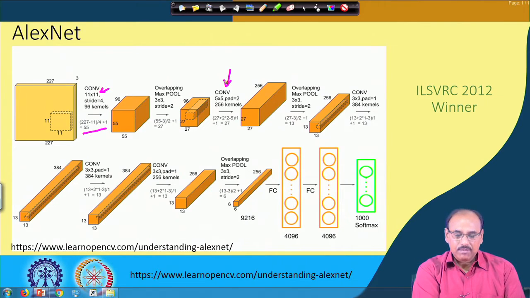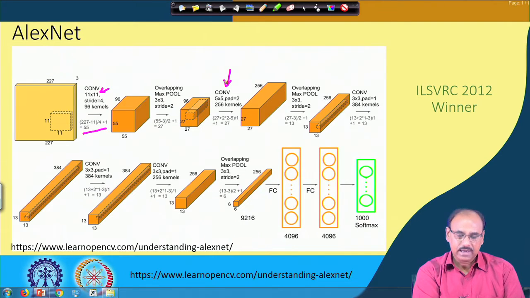After this, you have 3 consecutive convolution layers. The first convolution layer has a kernel size of 3 by 3 with padding equal to 1, and there are 384 kernels. So that gives you 13 by 13 feature maps, and there are 384 feature maps, which pass to the next convolution layer.